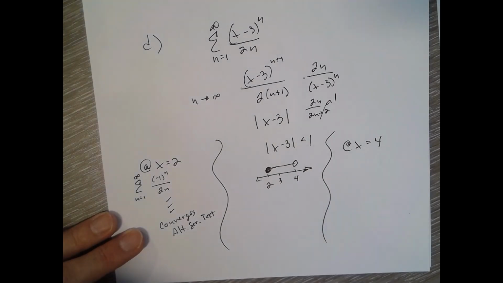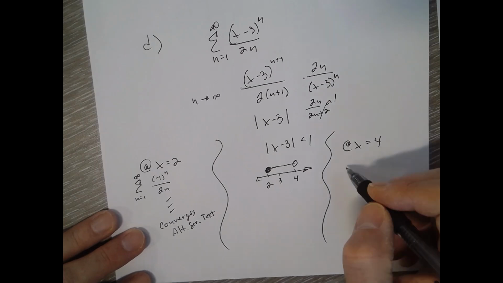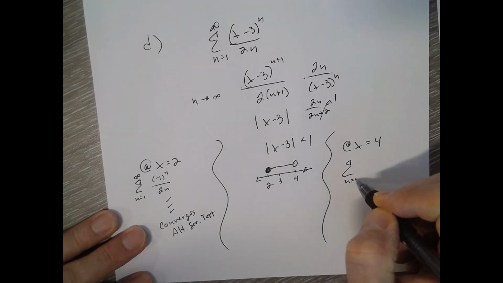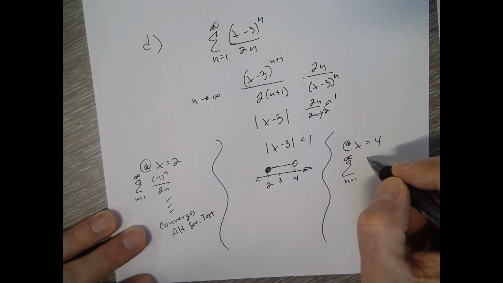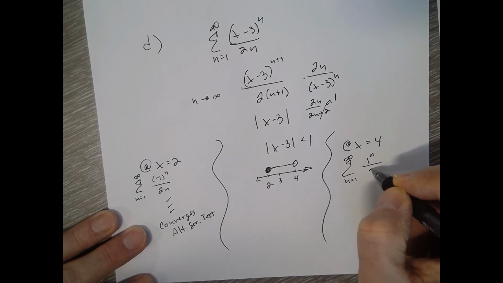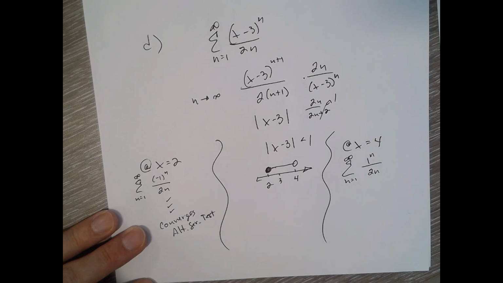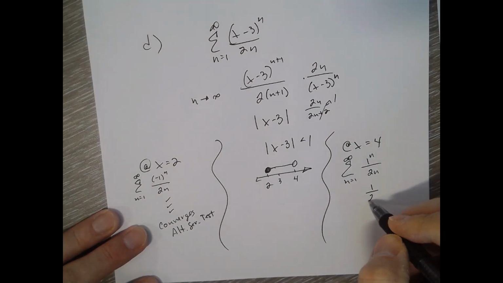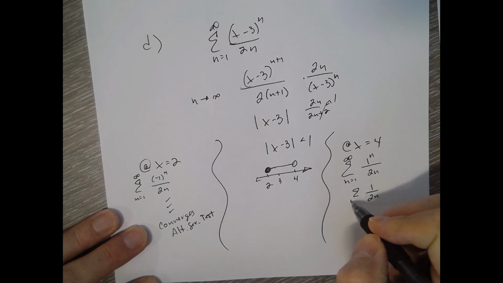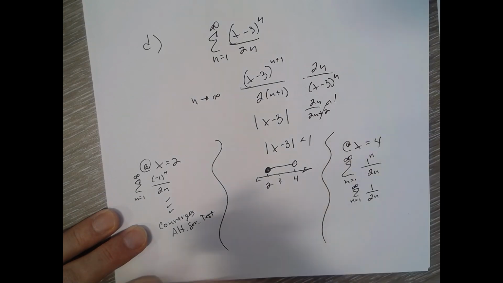So let's plug in 4. That's going to get you 1 to the n over 2n. Well, 1 to the n is just 1. So it's just 1 over 2n. Is that going to converge or diverge? It's going to diverge.